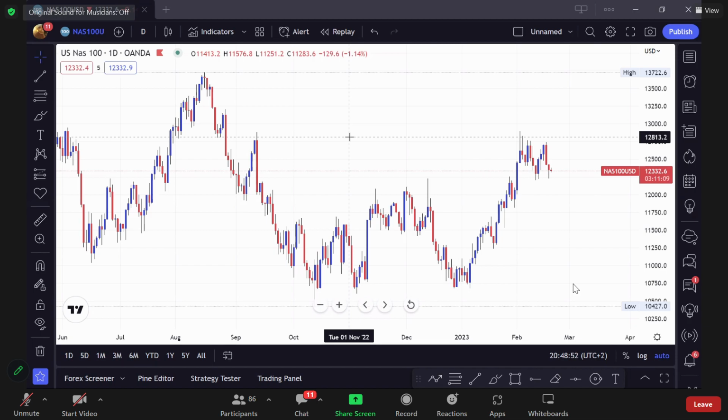Because you use it to see if the trend is ending. It confirms a new trend. So if you're in a sell and it's confirmed buy.